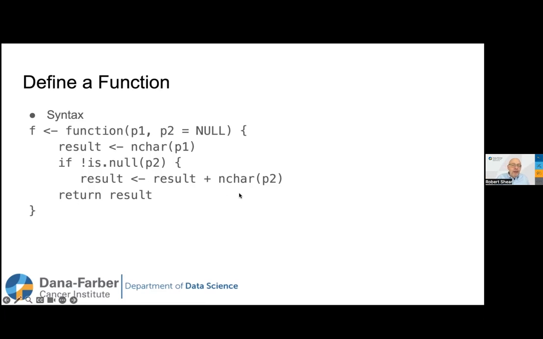But if you try to take nchar of null, you'll just raise an error. And if it is null, it means someone declared it to be null, or only one argument was specified.